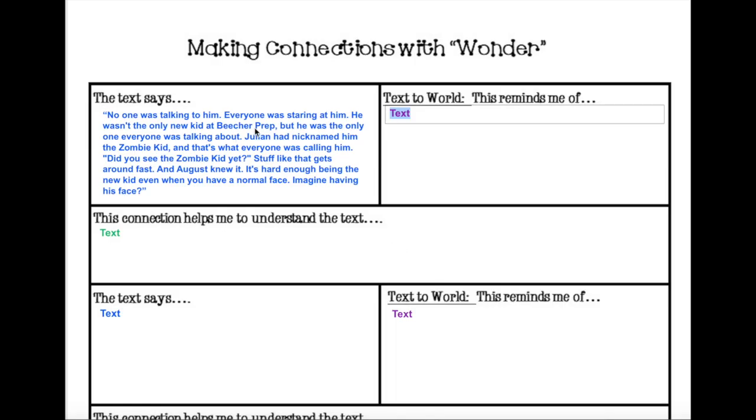Now that I've gone ahead and put my text evidence in the text says box, I'm going to move on to the text to world box. This reminds me of, so the connection I was able to make was when President Obama became the first African American president of the United States.